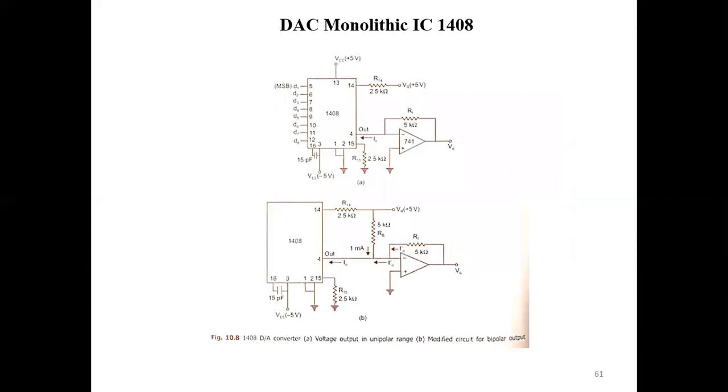Next is the DAC monolithic IC. When you design a system, you need a DAC IC. The IC implemented is the 1408. It is an 8-bit DAC, which takes 8 inputs and gives 1 output.